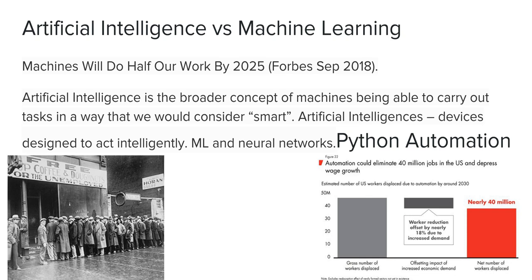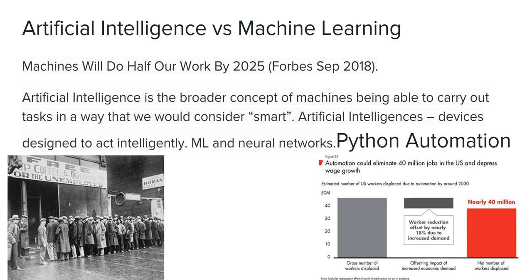Now they are predicting that 40 million jobs in the US are going to be removed, or we would see depressed wages. Why? Because a lot of these jobs would be taken up by machines, by automated cars, automated cashiers, automated HR, automated traders, automated bidders, automated customer support, and automated human resource teams, which are going to read resumes online and send people automated email, and based on the reply, talk with the people.